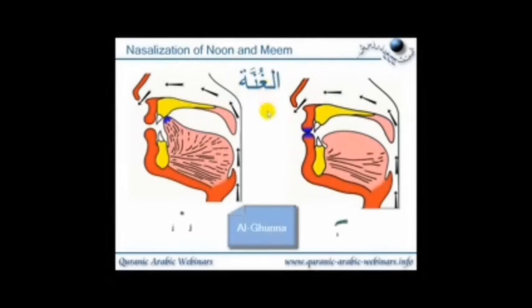So we're going to have a look at it operating with meme and noon. So with meme, it will normally happen when there's some sort of sound joining to meme. So an example is, effectively what you're doing is forcing the sound up into your nasal cavity.